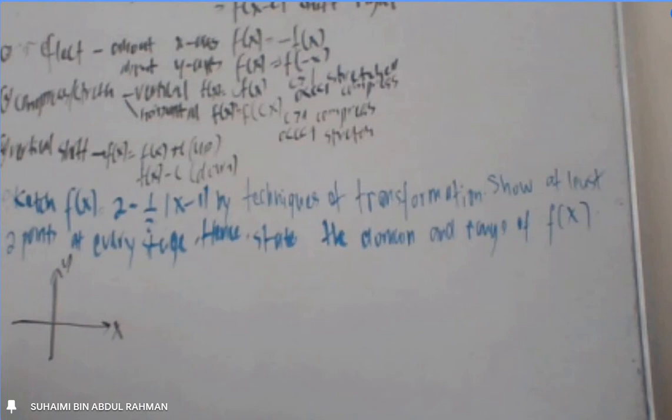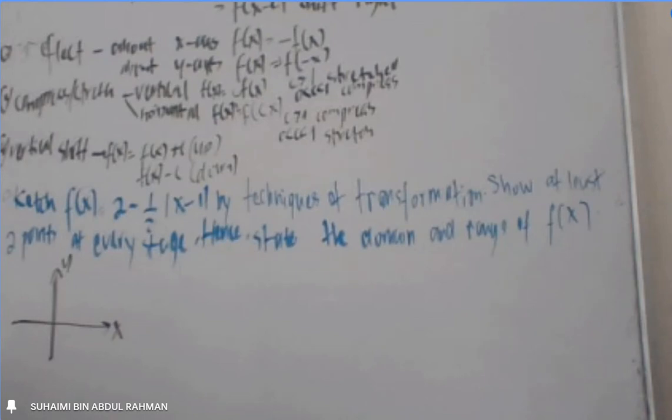Everyone just wants to know the shape. Straight line, sir? A straight line is linear. A straight line is a linear function. The absolute value function: V.